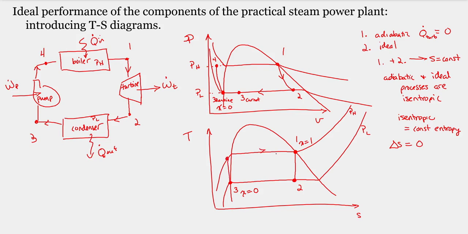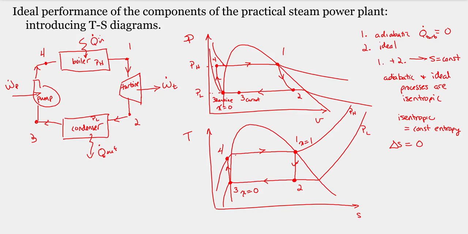Okay? And again, because it's a power cycle, we know that all these processes are in clockwise movement. So 1, 2, 3, 4. We have a clockwise movement, and here's state 4. And you can see why we like the temperature entropy diagram for these power cycles, because they're sort of a box. And we're going to come back to that.